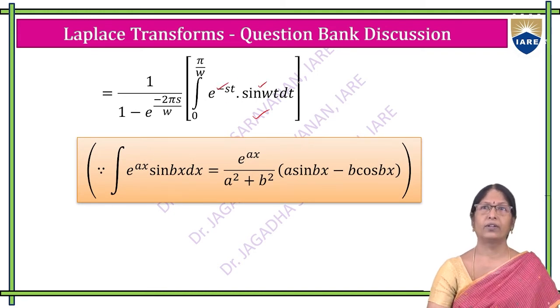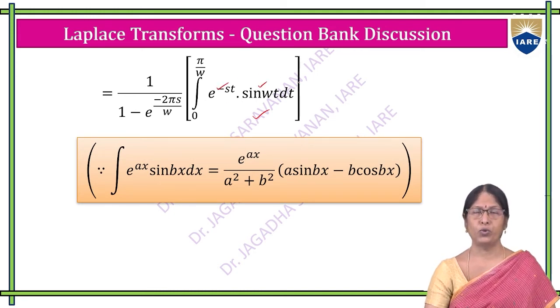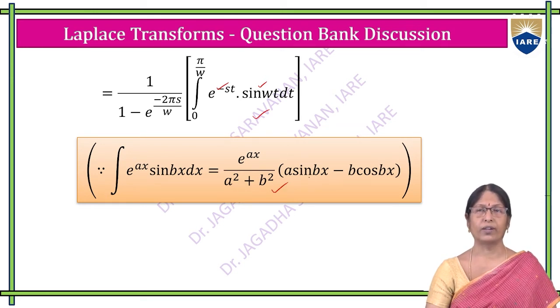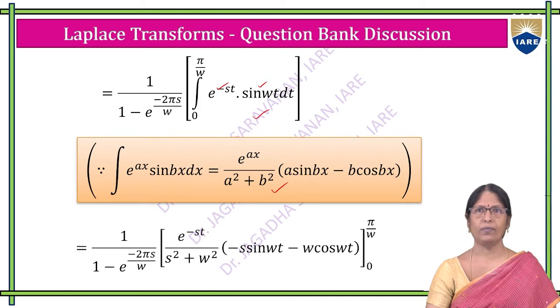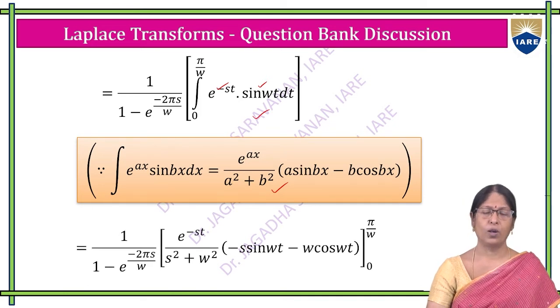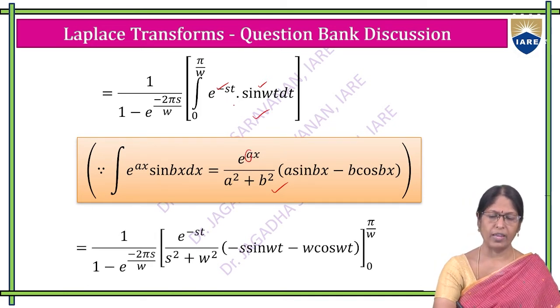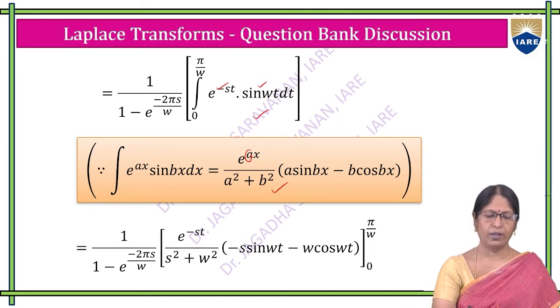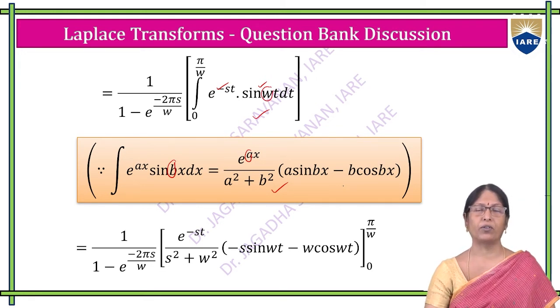So the first integral, which is written here, has an exponential and a trigonometric function together. We are recalling the formula which is available. After recalling, what is a in our problem? Minus s. b here is omega. So we are substituting correctly in the respective places.